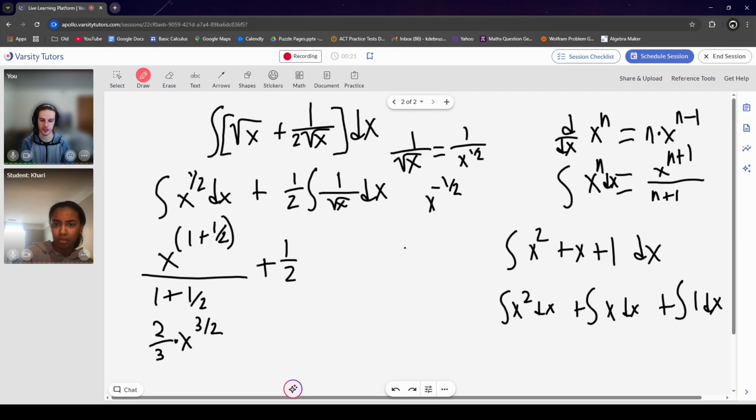Another way you can think about this is that 10 to the -1 is equal to 1 over 10. This here is going to be the exponent from which we're going to use our power rule.